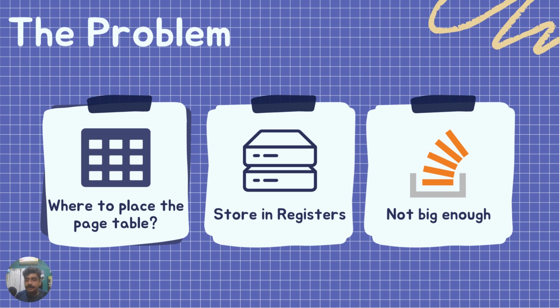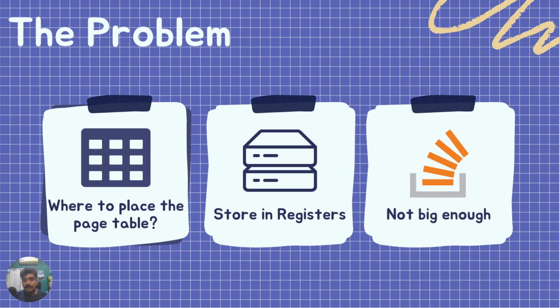The problem initially was for the fast access of the main memory content based on the address generated by the CPU, that is the logical address. Initially, there were some ideas given by people. They had the thought of using registers for storing the page table, because, as we know, registers are very efficient and high speed in their retrieval process.